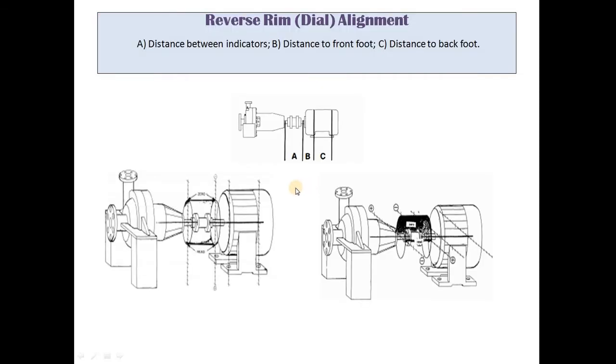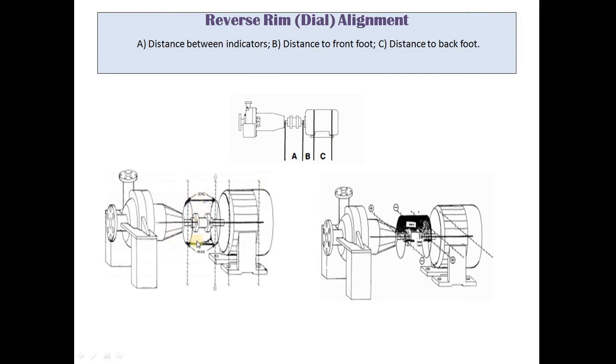If you see the diagram, we have to measure the distance to the coupling hub, then the distance of the first foot of the movable machine from the coupling hub and the rear foot from the coupling hub, or the distance between the two feet.